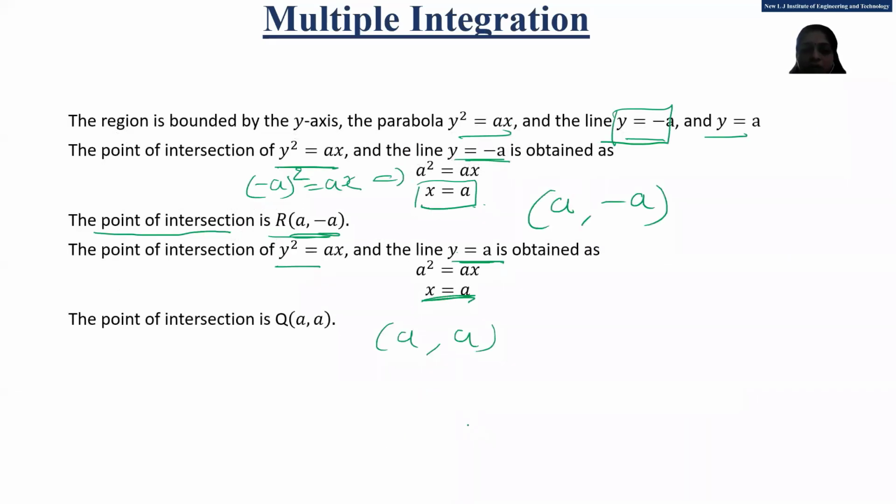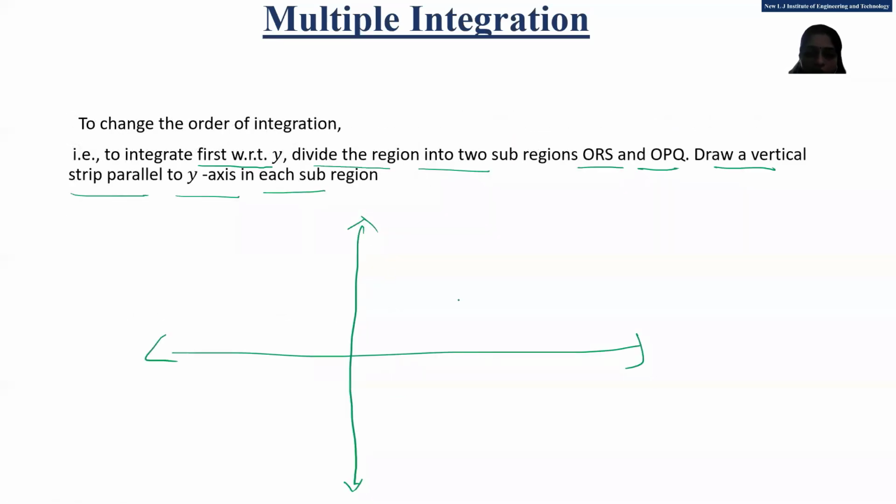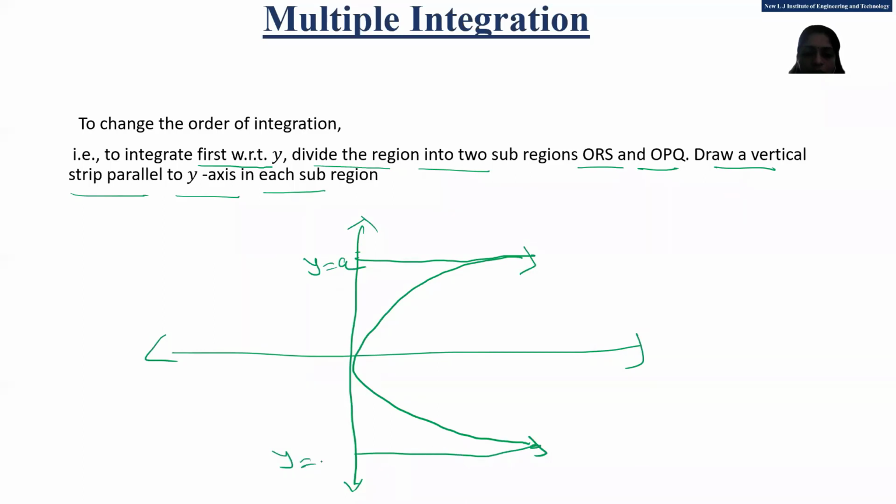Okay. It means if I draw this, this is my point y equal to a, this is my point y equal to minus a, right? This curve is y square is equal to ax, the x-axis, the y-axis. This is my region of the integration.